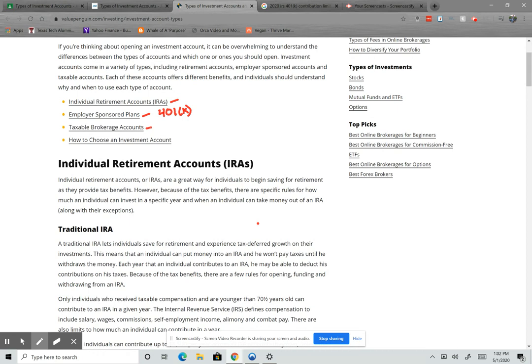Your employer-sponsored plans and your individual retirement accounts were created by government. Okay, they were government programs to help encourage people to save for retirement, or to, in the case of 401ks, help businesses decrease their retirement costs. But taxable, that's the one that exists without any type of government interference.